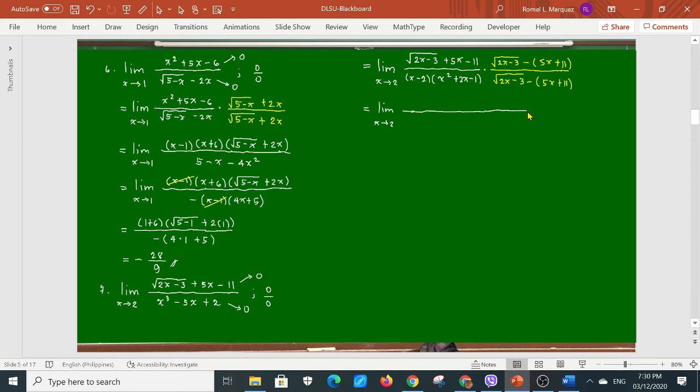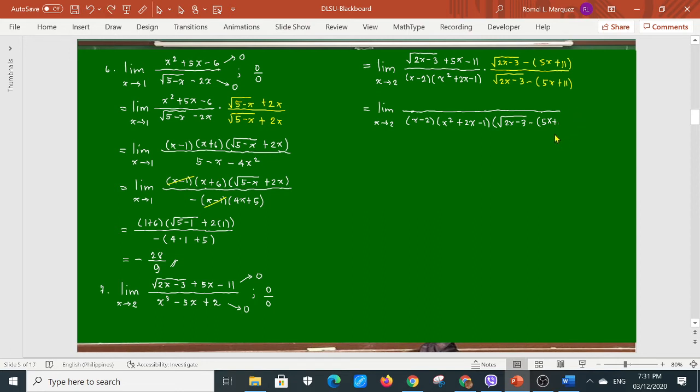Sa denominator tayo magsimula. Ganyang kahaba yan. X minus 2. X minus 2 will disappear later. X squared plus 2x minus 1 and then times the square root of 2x minus 3 and then minus 5x plus 11. Yan.